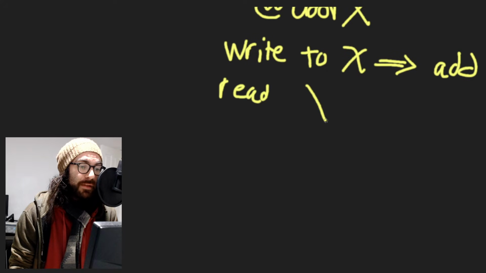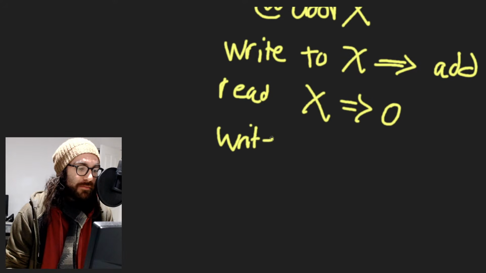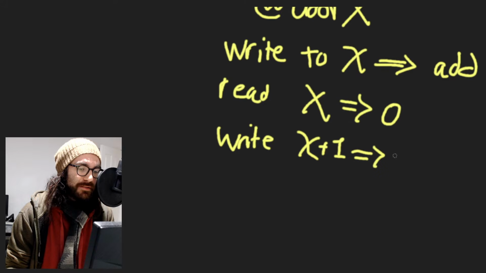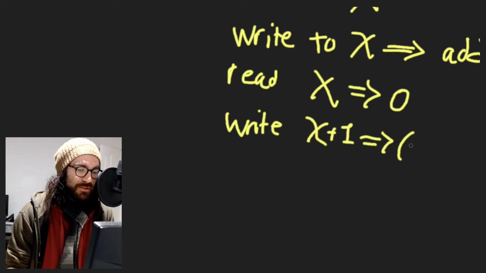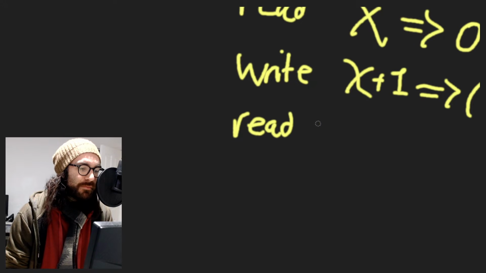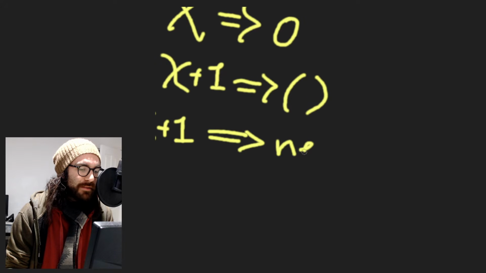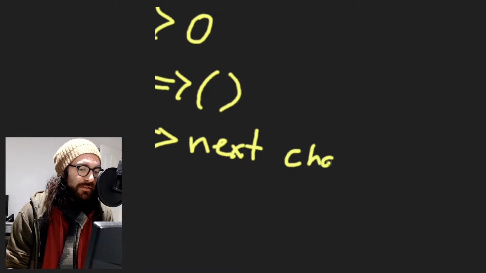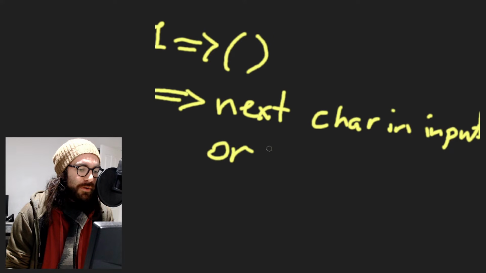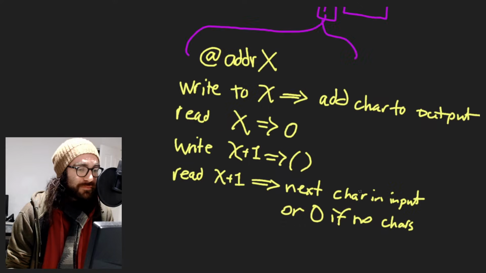Read x always gives back 0, and then write x plus 1 does nothing. Let's actually call it unit, right? Because it's just not a value. And then read x plus 1: next character in input, or 0 if no characters left, right?